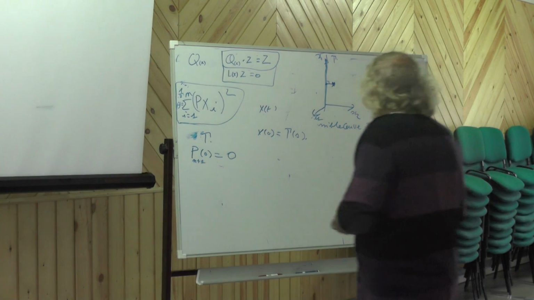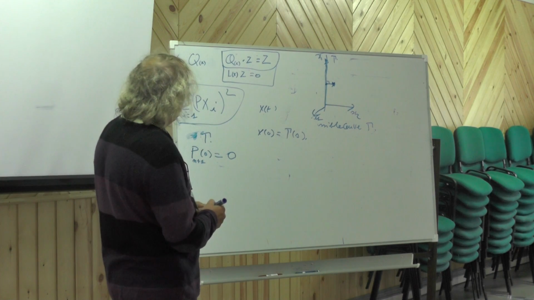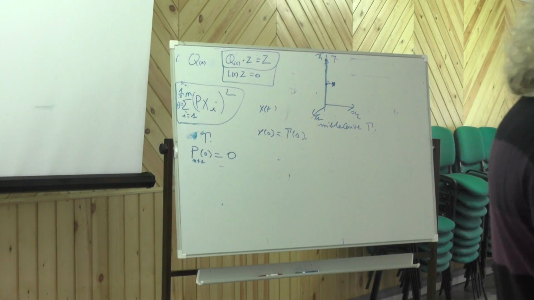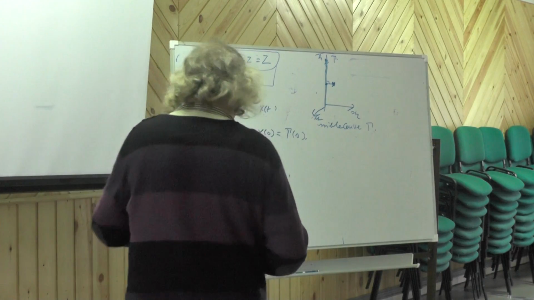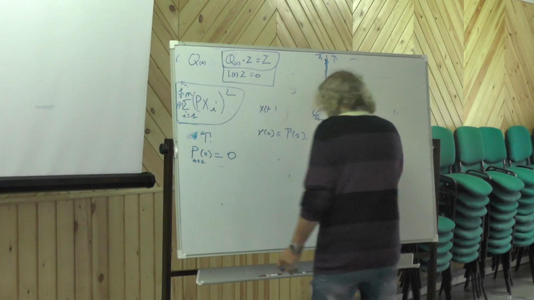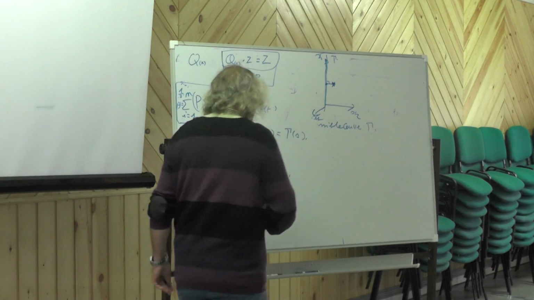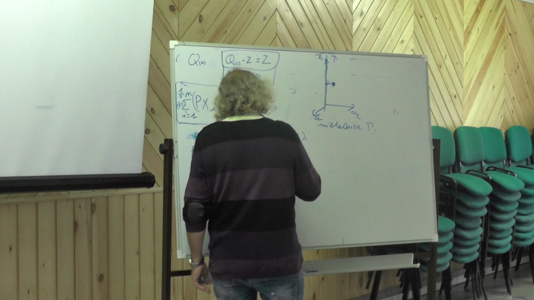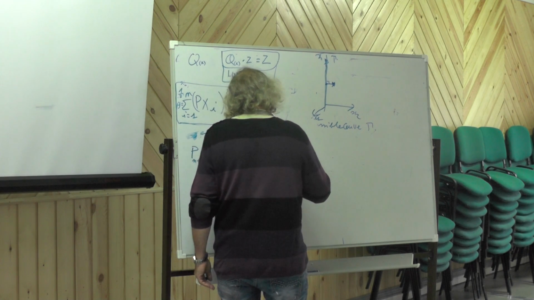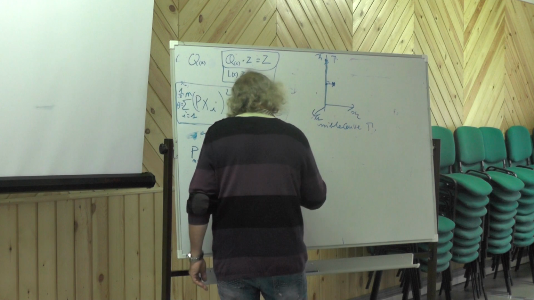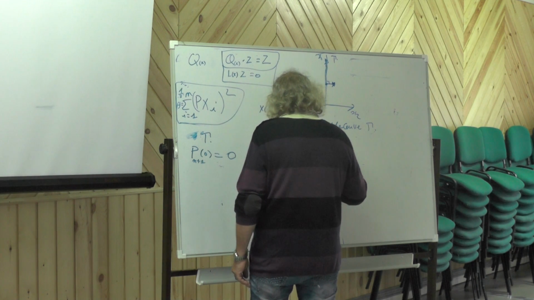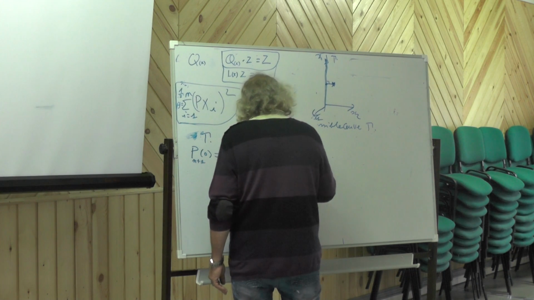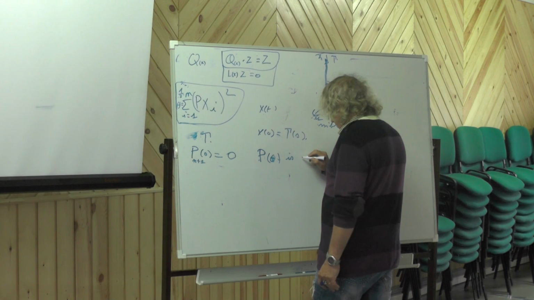Now, what Pontryagin's maximum principle also tells you, unfortunately it is not enough, is that p of t is transversal to Ct.